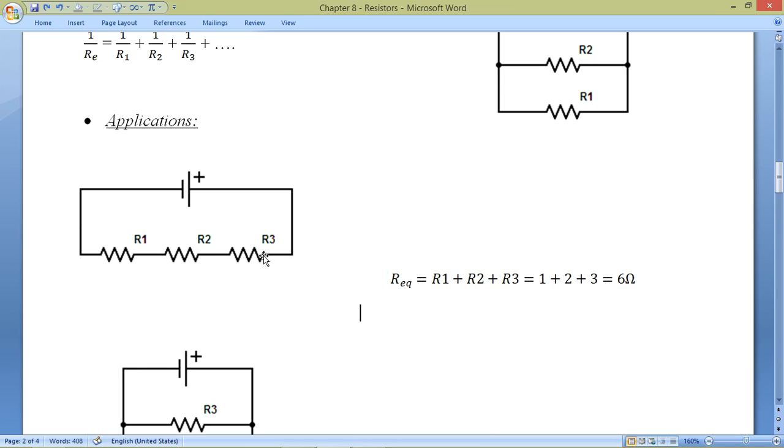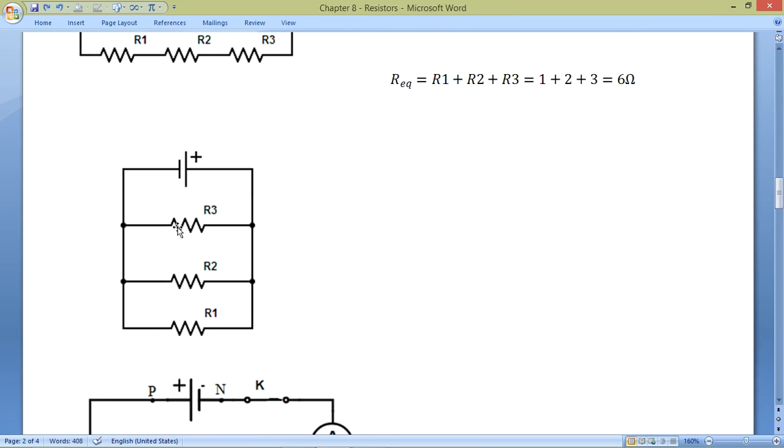Okay, now, in the second circuit, these three resistors are connected in parallel. So we say that 1 over R equivalent is equal to 1 over R1, plus 1 over R2, plus 1 over R3.